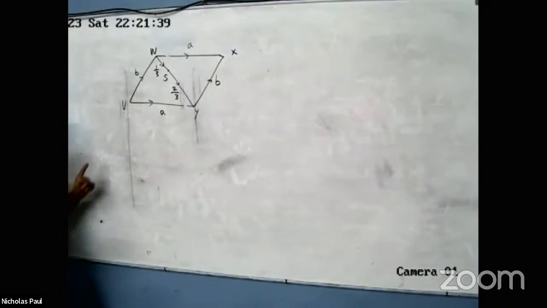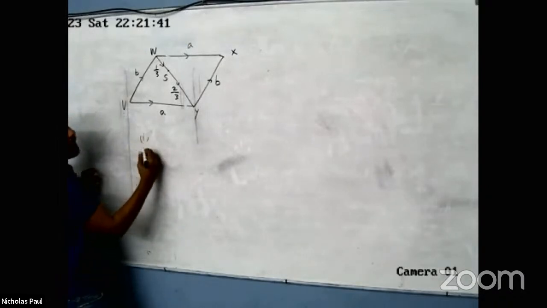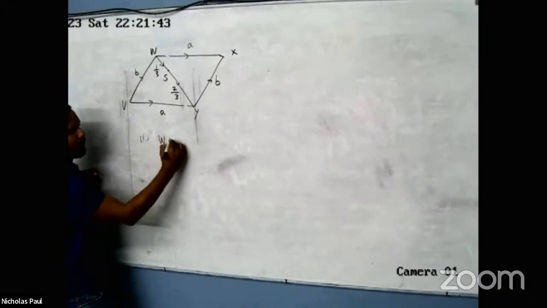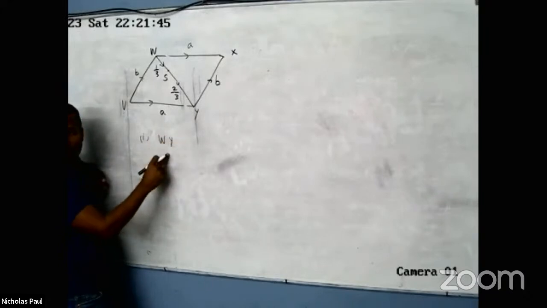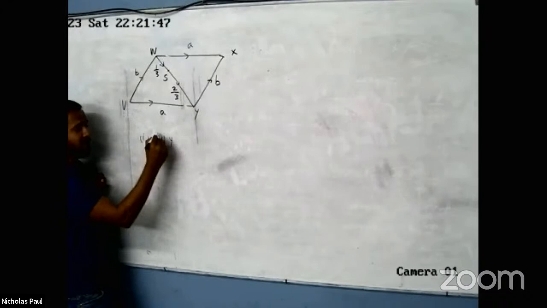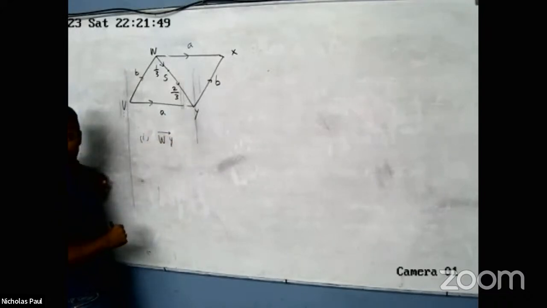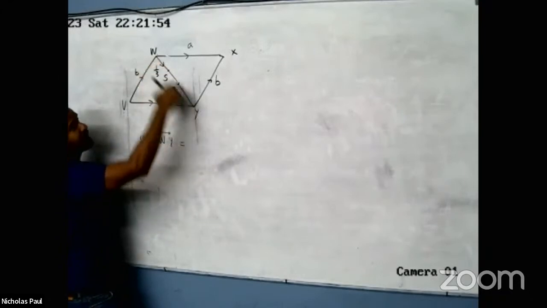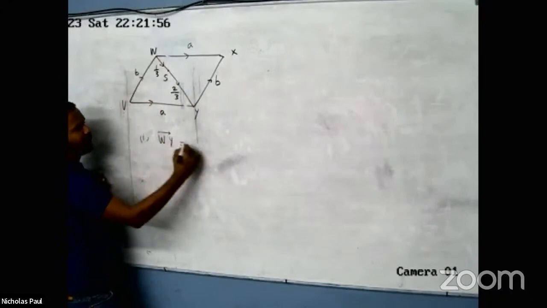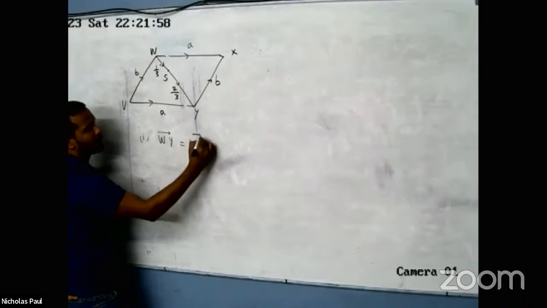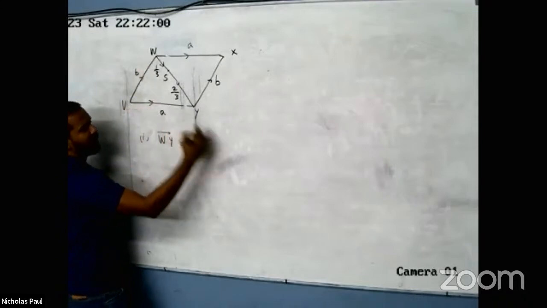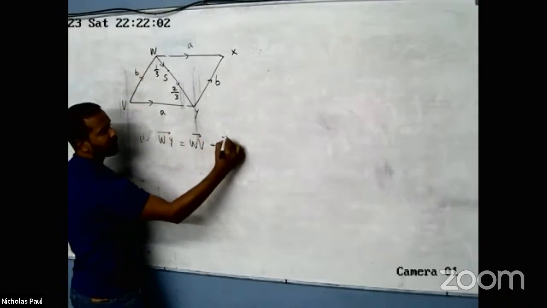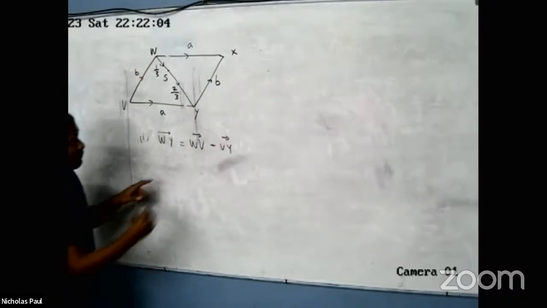So step number one, part number one, what do they ask for? WY. Some people just write WY, the vector, so you have to put your little line on top, right? WY is what? WY is WB, BW.